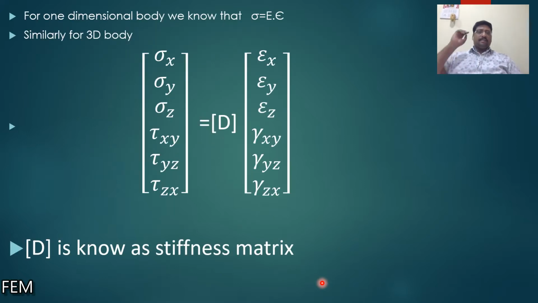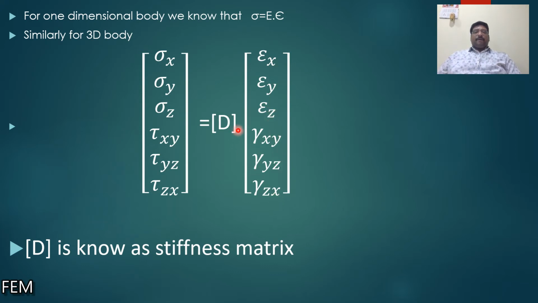So from Hooke's law we can write that stress is equal to Young's modulus into strain. Young's modulus defines the relation between the stress and strain, and its value represents the stiffness of the material. If I consider a three-dimensional body, as I said, I have 6 stresses: σx, σy, σz, τxy, τyz, and τzx, and corresponding to these 6 stresses, 6 strains: εx, εy, εz, γxy, γyz, γzx.